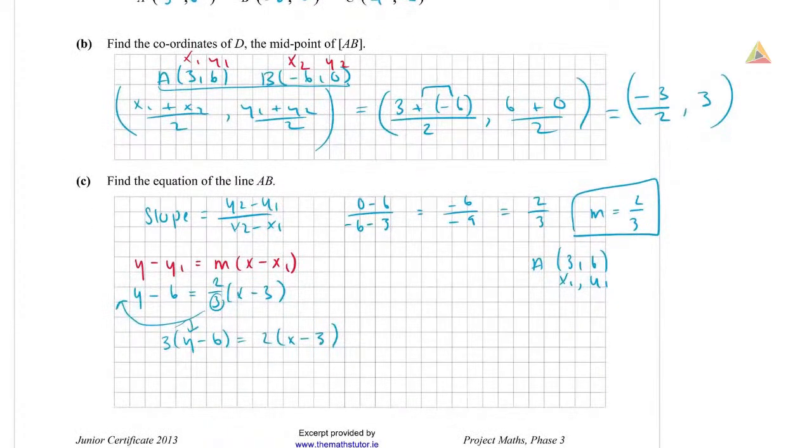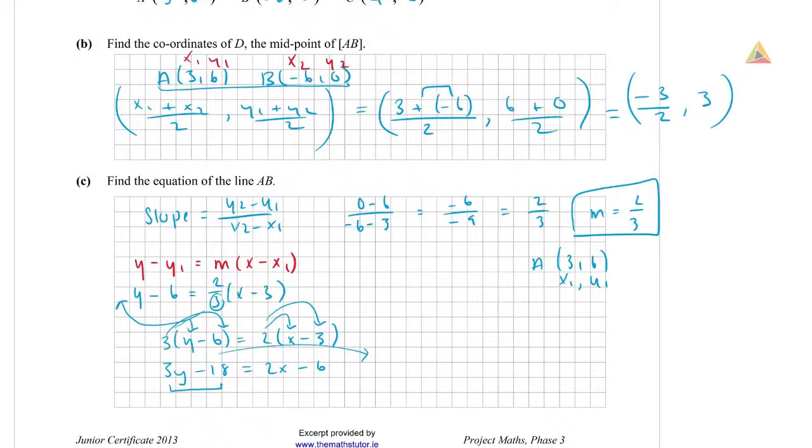So 3 by y is 3y. 3 by minus 6 is minus 18. 2 by x is 2x, and 2 by minus 3 is minus 6. So now all we need to do is bring it all over to one side. So I am going to bring the 3y and 18 over here.